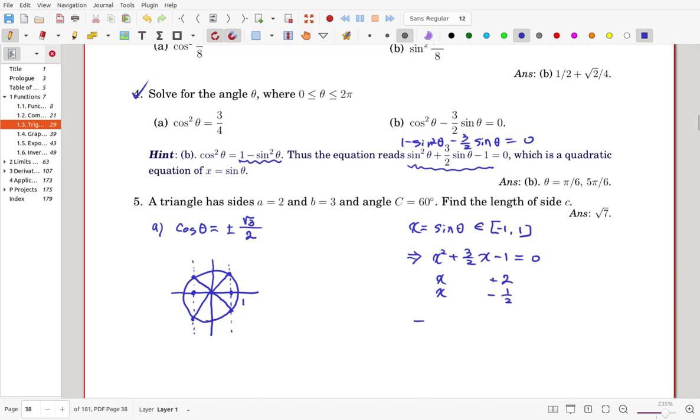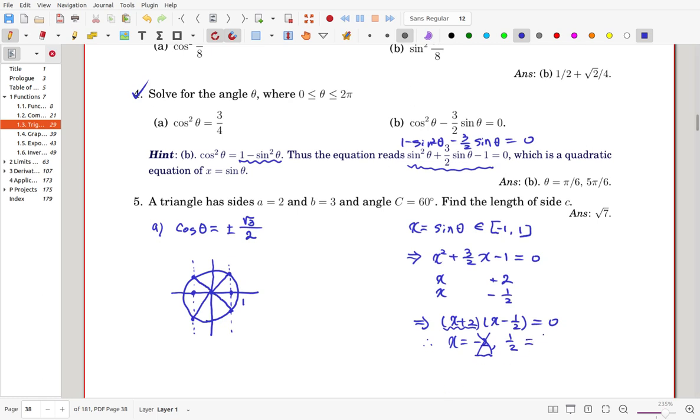So the equation can be written as x plus 2 times x minus 1 half equals 0. So we have x equal to minus 2 and x equal to 1 half. However, minus 2 is out of the domain of x, so it cannot be used, which means x plus 2 cannot be 0. Okay. So now x is 1 half.